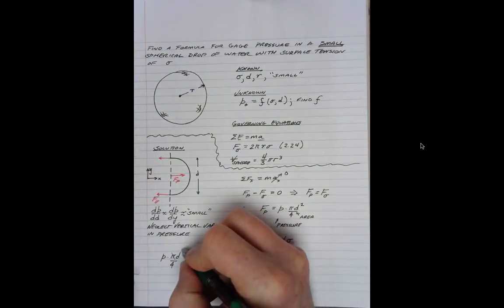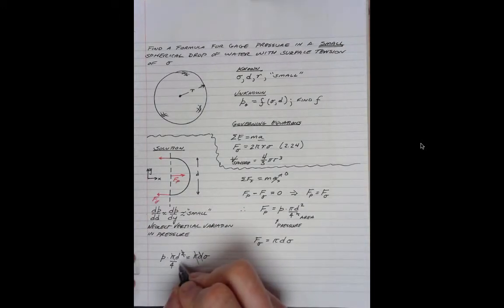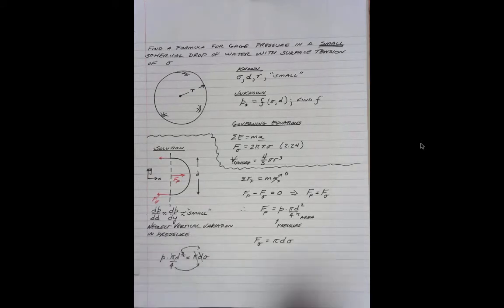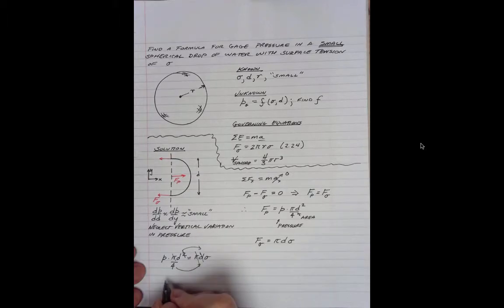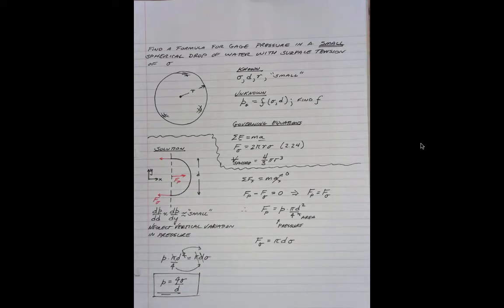That diameter takes care of one of those. And so what we'll do is we'll move the 4 over to here, and we'll move the d over here. And we come up with pressure is equal to 4 sigma divided by the diameter. And that's our solution. Not a very interesting function, but it is a function nonetheless.